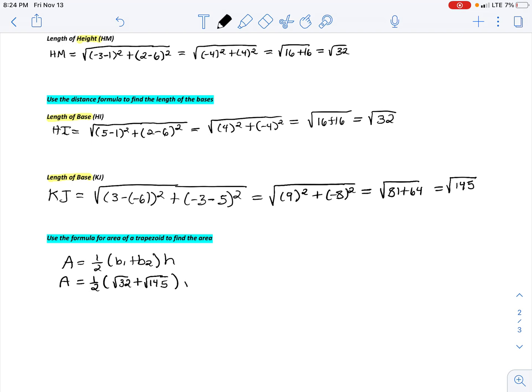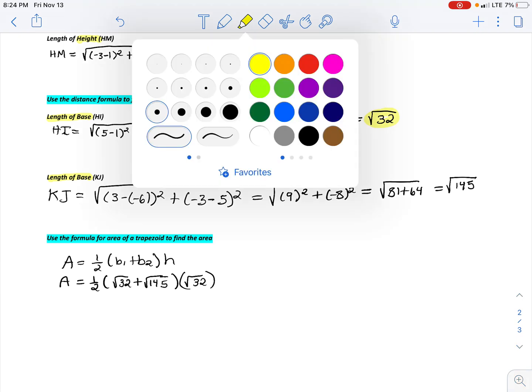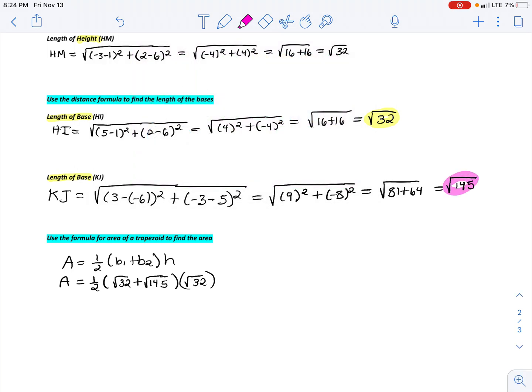Times my height, which was the square root of 32. Okay, and so you can just see this. I called this piece my base 1, my first base. This is my second base. It doesn't actually matter.